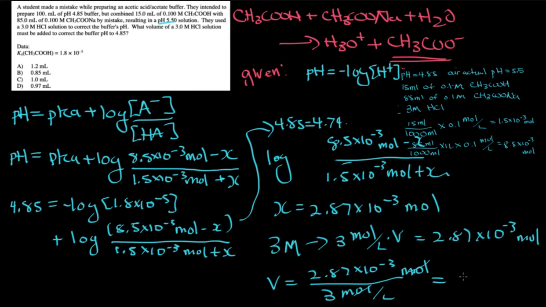So 2.87 times 10 to the minus 3 divided by 3, and so we get 9.56 times 10 to the minus 4 liters. So now we can convert this into milliliters, multiplying it by 1,000, and we get 0.956 milliliters. And so that is the volume of HCl we need to correct this buffer and lower its pH to the desired 4.85 pH. And that's option D.